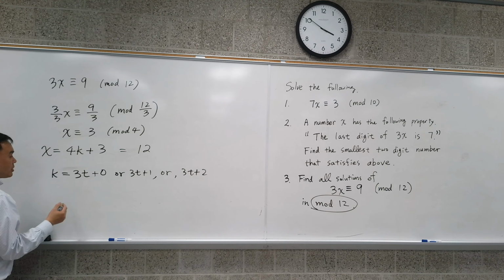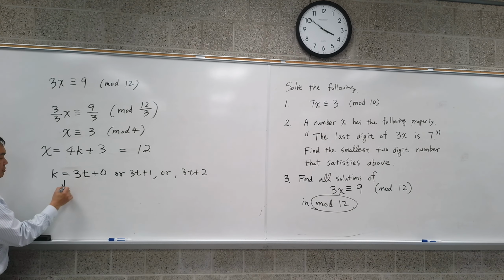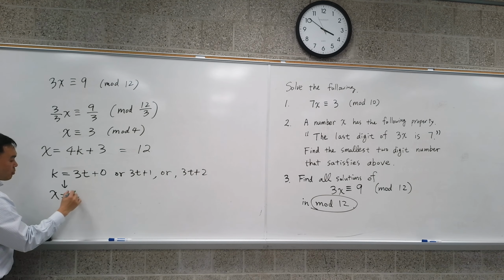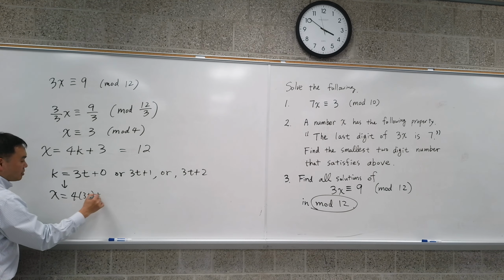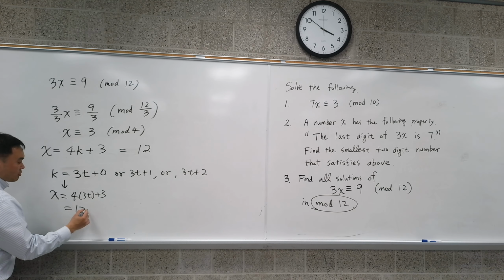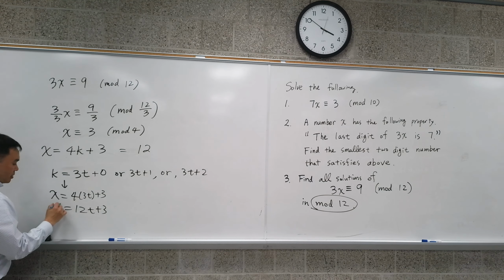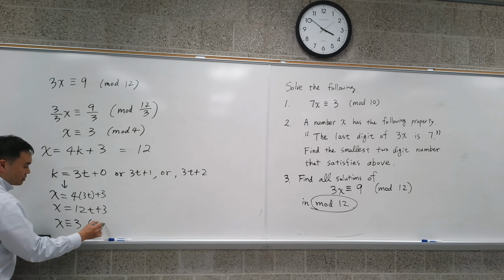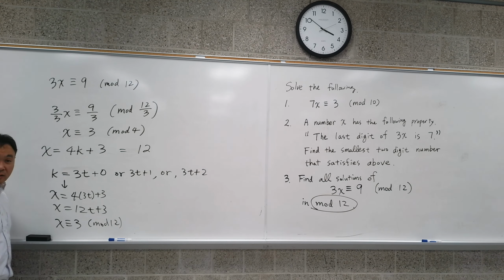So if you know that, then just think about what that means for x. If k is 3t, then that's 4 times 3t plus 3, which means 12t plus 3. And if x is 12t plus 3, that means x is congruent to 3 mod 12. Agreed? If you divide by 12, the remainder is 3.